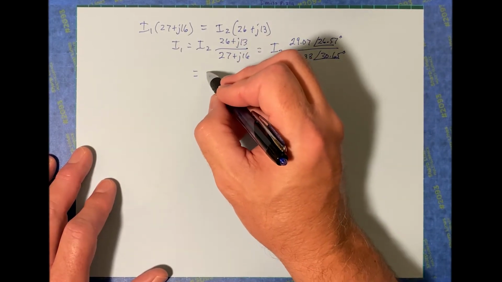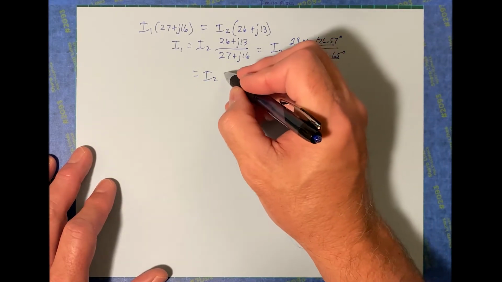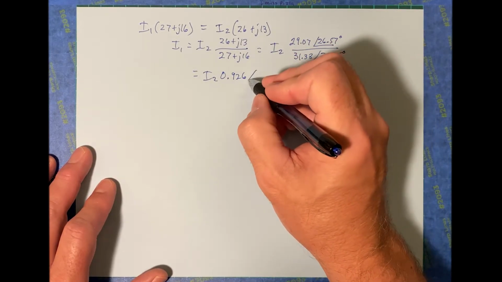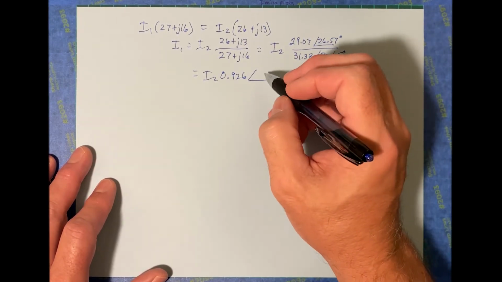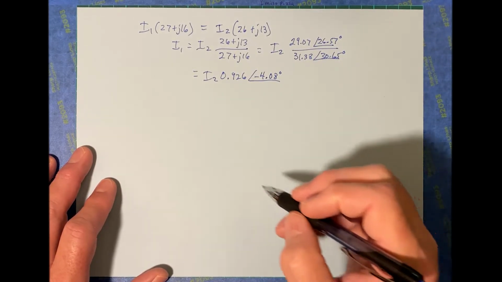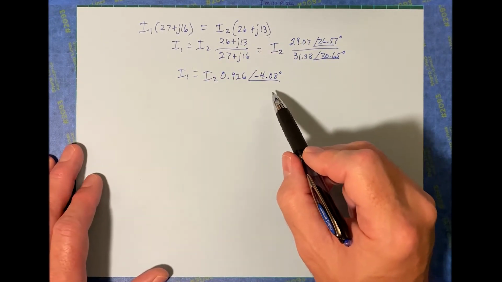And this turns out to be I2 times, you do the division, and that's going to be a number less than 1.926. And the angle is going to be top minus the bottom, so it's going to be negative 4.08 degrees. Okay, that is I1 in terms of I2.